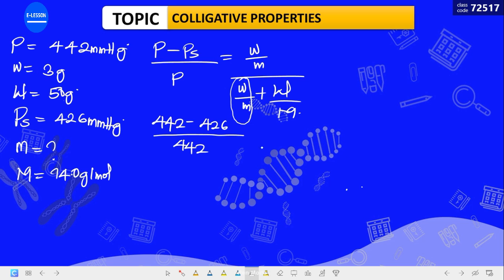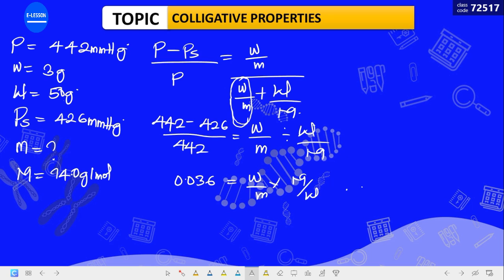If the concentration is very small, this one will not contribute, and this will become w over m divided by big W over big M. So in that case, 442 minus 426 divided by 442 gives us 0.036, which is equal to w over m times M over W, because division, this one comes out, this one comes out.